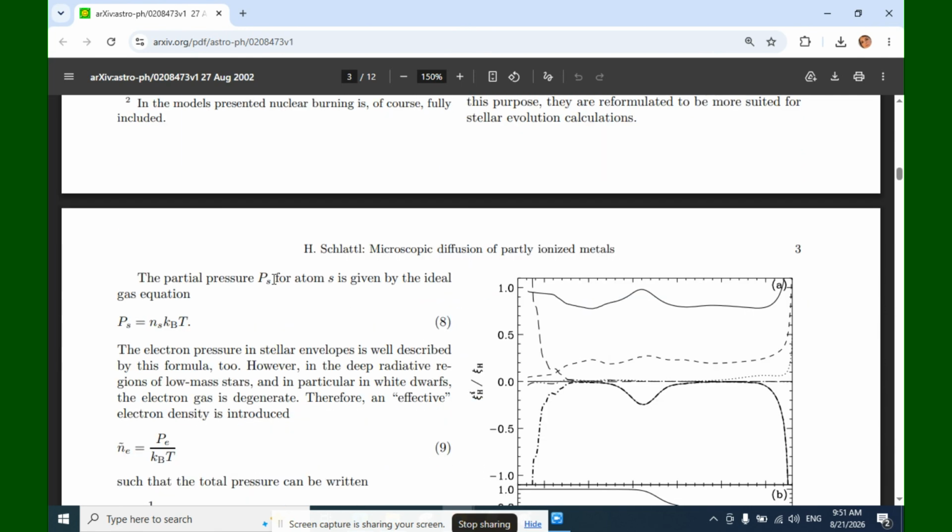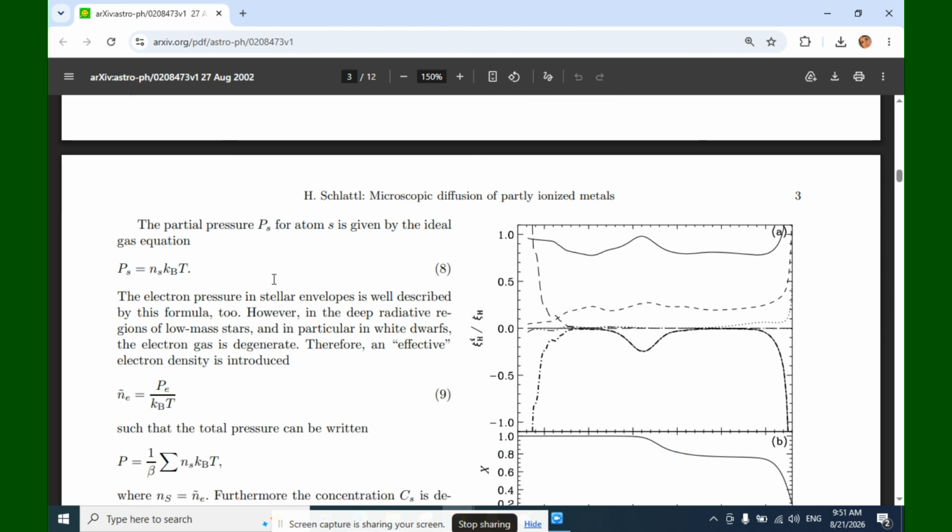The partial pressure P_s for atom s is given by the ideal gas equation P_s is equal to n_s k_B T. The electron pressure in the stellar envelopes is well described by this formula too. However, in the deep radiative regions of low-mass stars, and in particular in white dwarfs, the electron gas is degenerate.